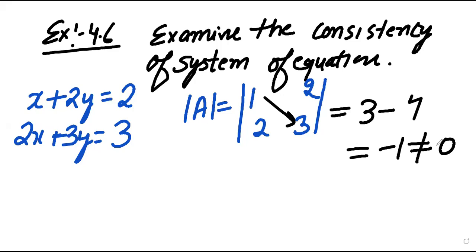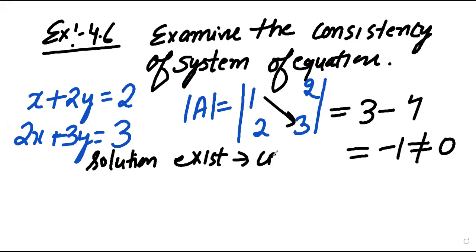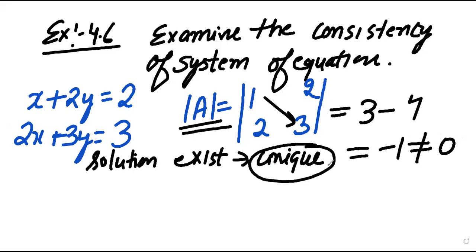If it is not equal to 0, directly we say that here solutions will exist, and they will be a unique solution. The answer will always be unique. Don't get confused here. If the determinant is not equal to 0, then we can directly say the solution will be unique.